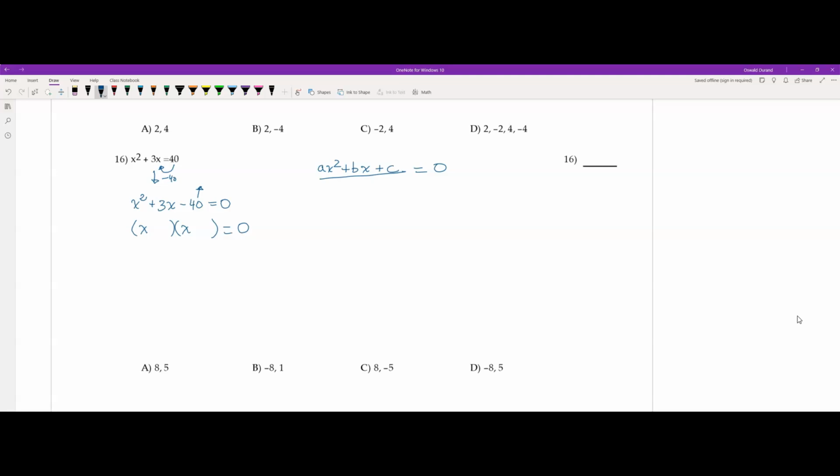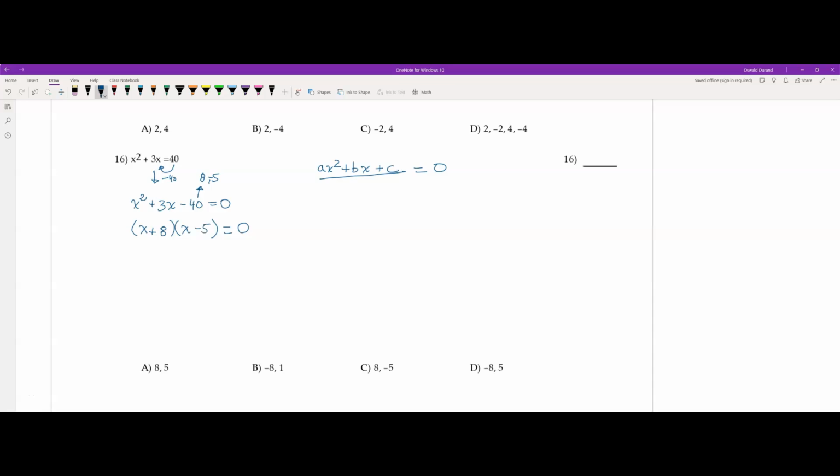What could it be? 8 times 5 is 40, right? But I want the sum to be equal to positive 3. So it has to be 8 and negative 5, because 8 minus 5 is positive 3, and 8 times negative 5 is negative 40. So that's perfect. So put positive 8, negative 5.